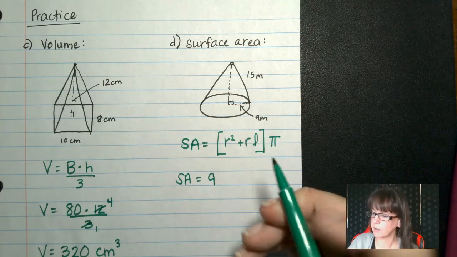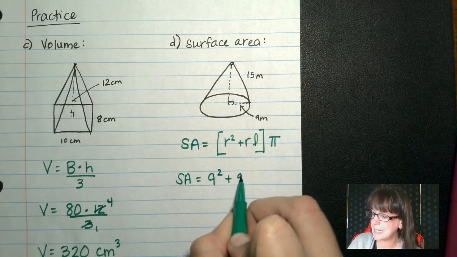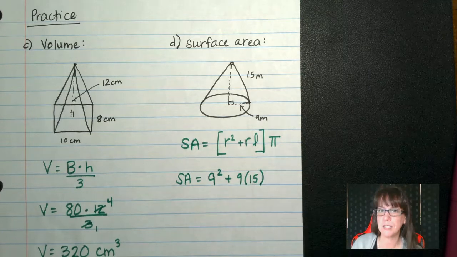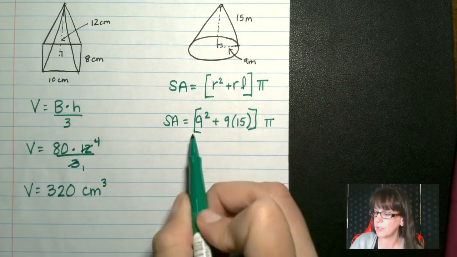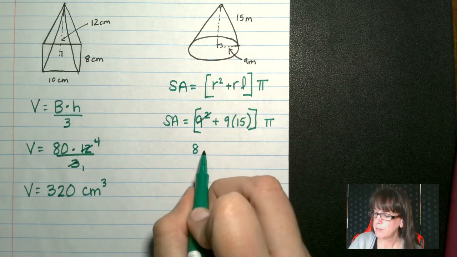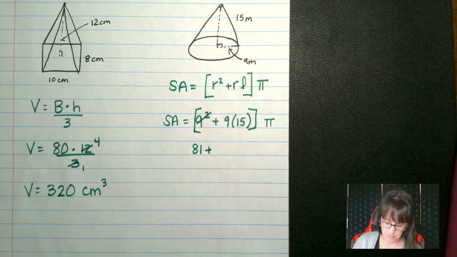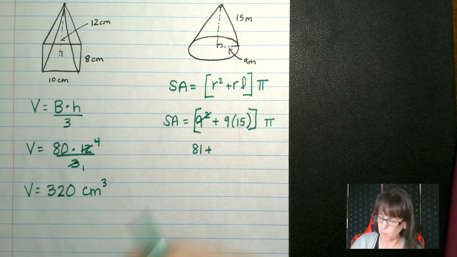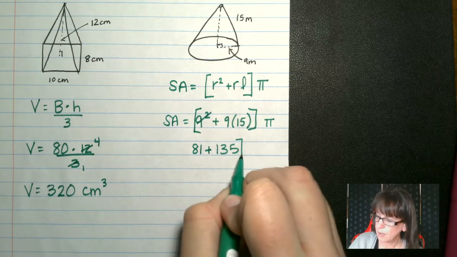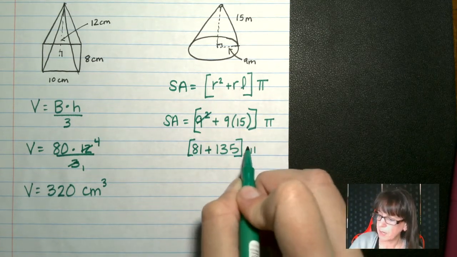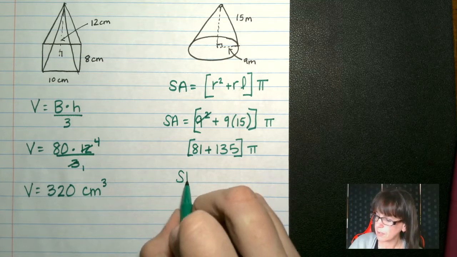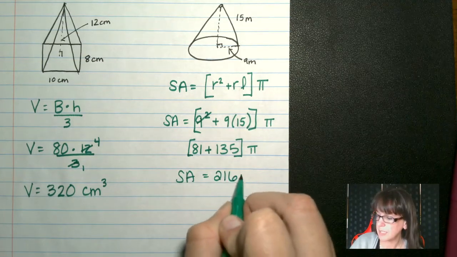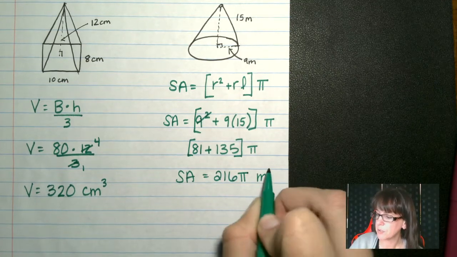Okay, that looks so weird. 9 squared plus 9 times 15 for our slant height. All of that times pi. So 81 plus 15 times 9 gives me 135. All of that times pi. So when we combine those, we end up with surface area equals 216 pi meters squared.